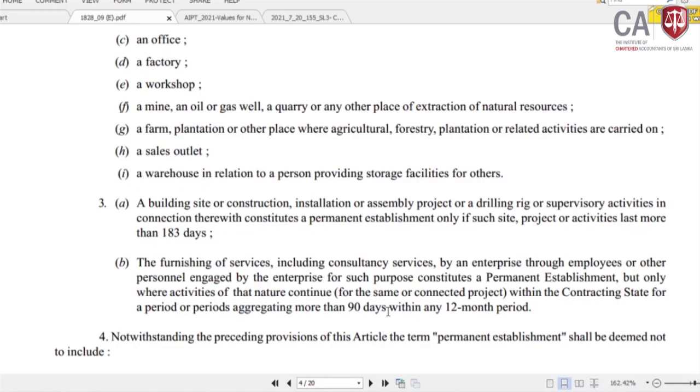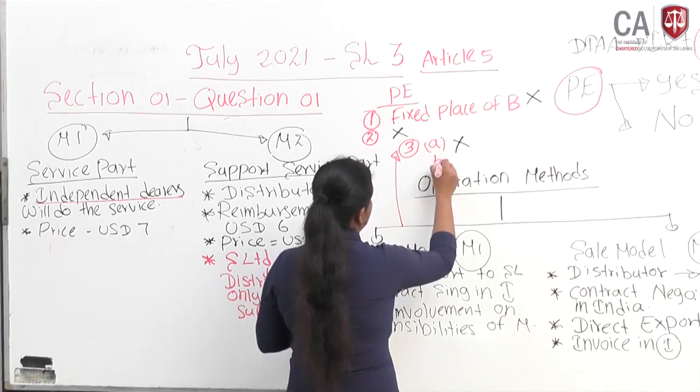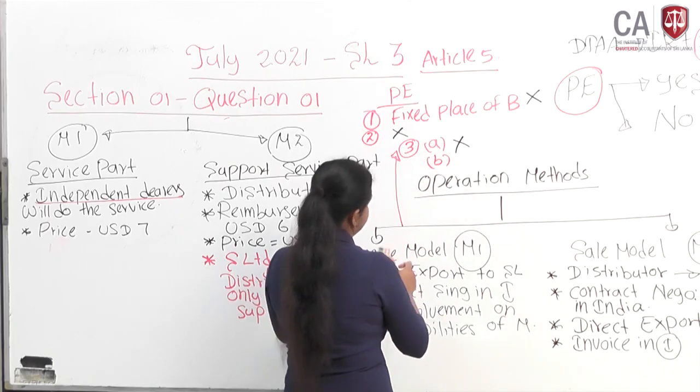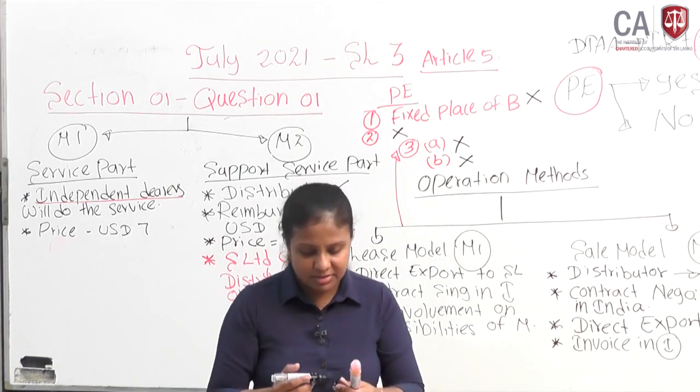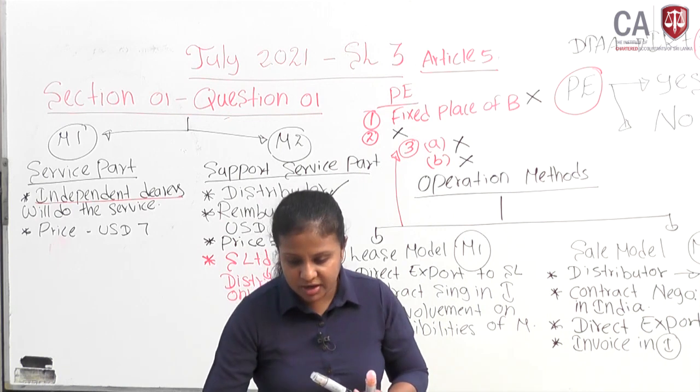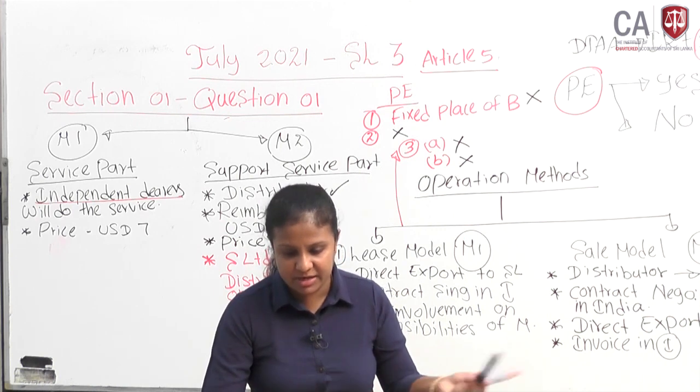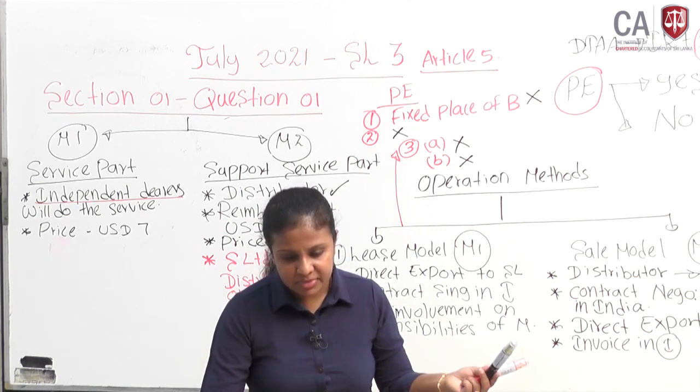Is there anything like this in the furnishing of services here? No, even this third one, there is no involvement in the responsibilities of the machinery. Even 3B is not satisfied. Now I am applying the treaty model. The fourth one, permanent establishment shall be deemed not, I am not coming to that one.